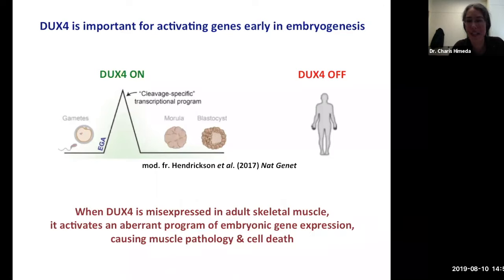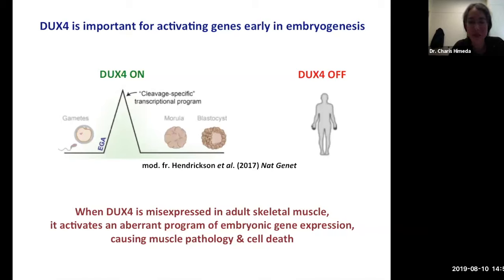It's fascinating that this very powerful pioneer factor, which can drive these impressive embryonic programs of gene expression and is absolutely required early but never again, has such devastating effects when it is re-expressed in the wrong time and place.